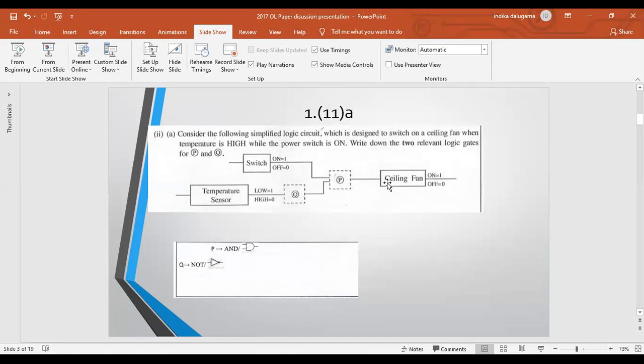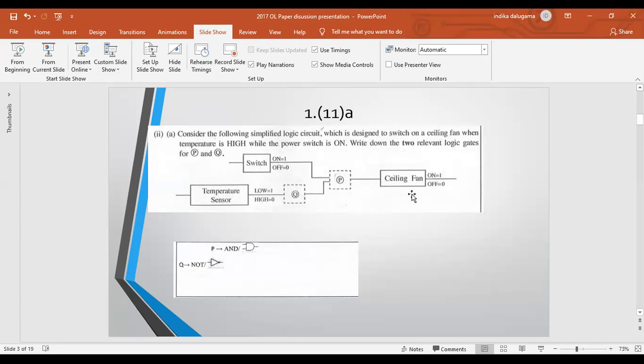Here you can see the fan, and it should come with two gates. First, see the temperature sensor. It says when it is high it becomes 0. And what should the output become?